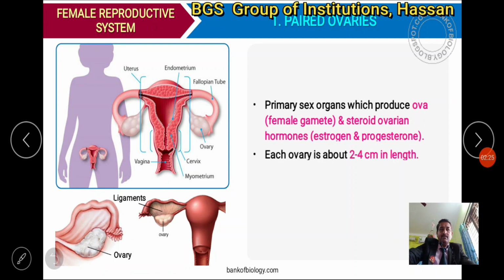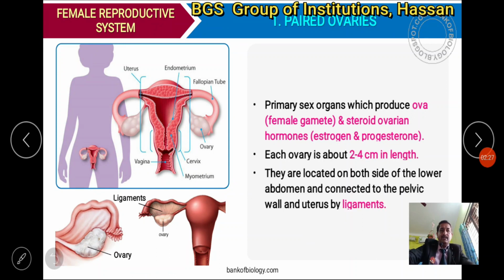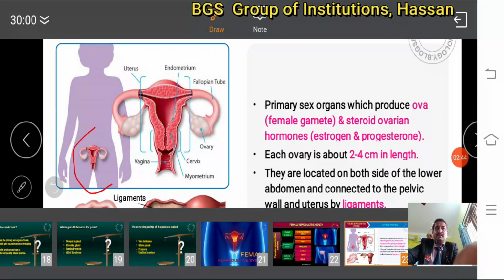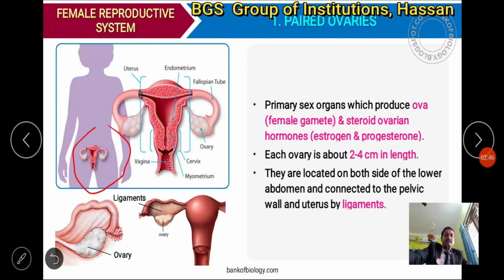Then, where are the ovaries located? Usually ovaries are 2 to 4 centimeters in length. They are located on both sides, left and right, in the lower abdomen. Here in this diagram, you can note this point. They are located in the pelvic region, in the lower abdomen.